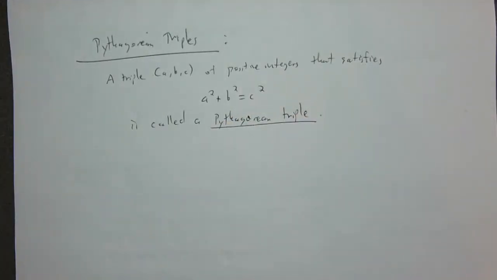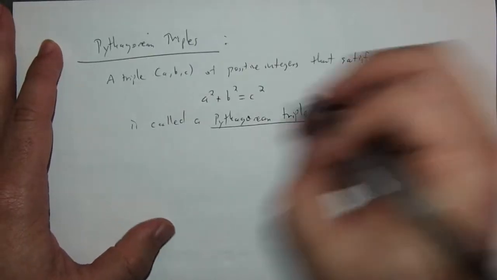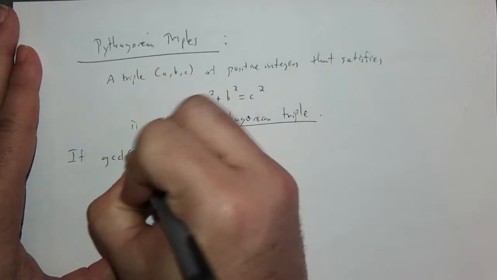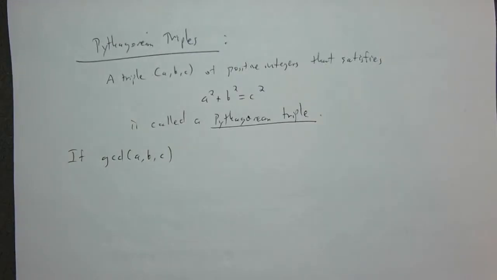So how many Pythagorean triples are there? Well, it was known since antiquity that there were infinitely many of these. I'll talk about a method for generating these. In particular, we're interested in a particular type of Pythagorean triple. You might want to remind yourself what it means to discuss the GCD of more than two things. It generalizes in the normal way.